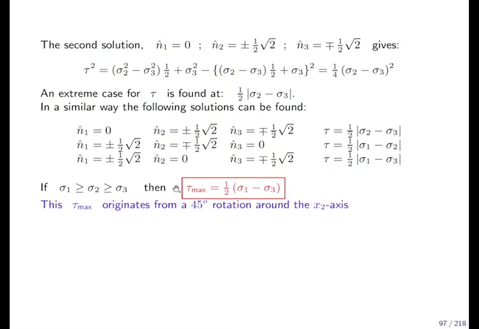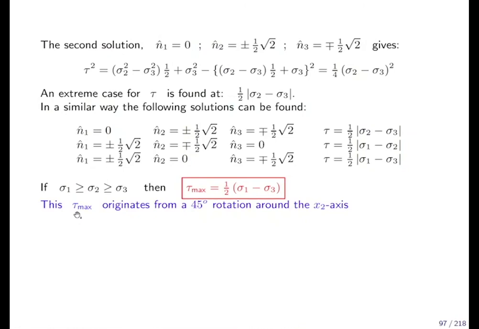Maximum shear stress, sigma 1 minus sigma 3. This one we can choose from those three only after we have sorted the eigenvalues. If sigma 1 is the maximum eigenvalue and sigma 3 is the minimum eigenvalue, then sigma 1 minus sigma 3 is always the largest possibility from those three.